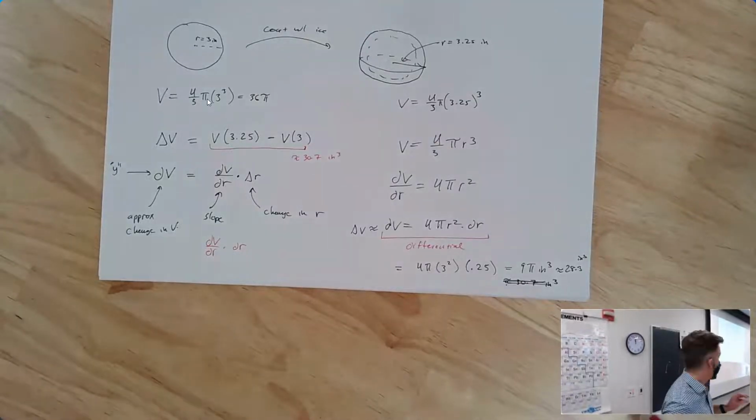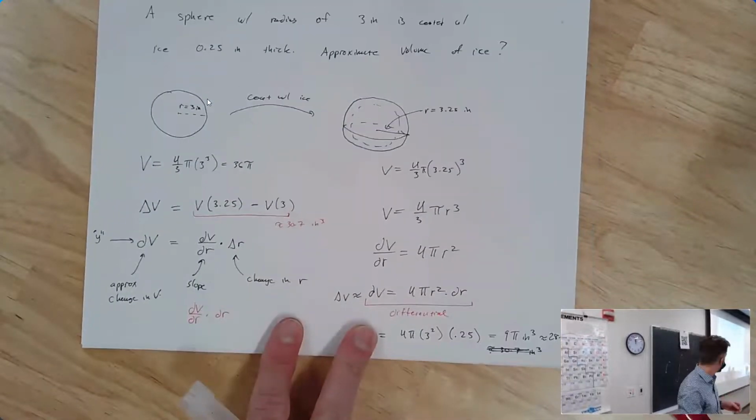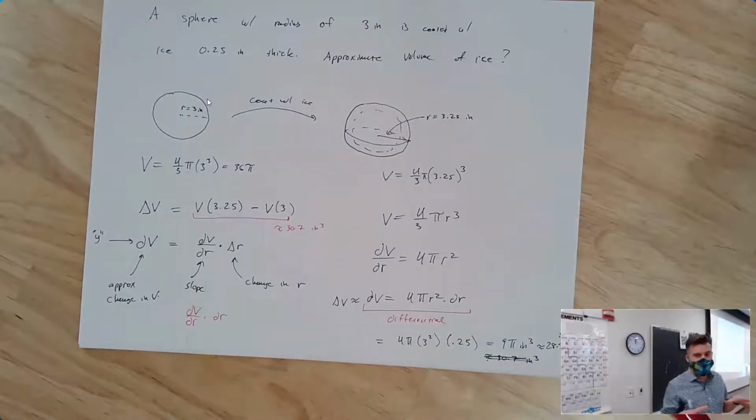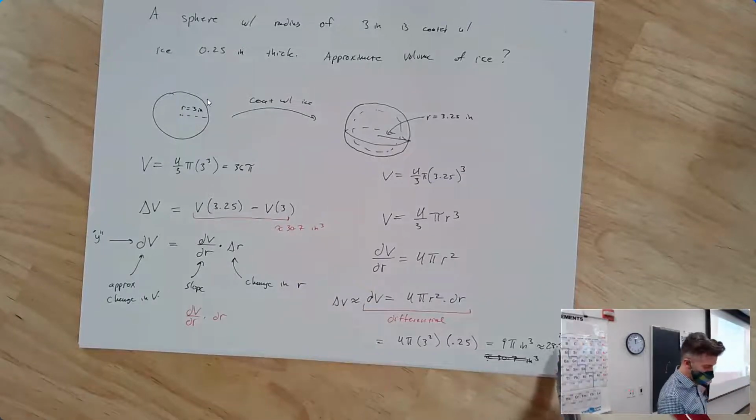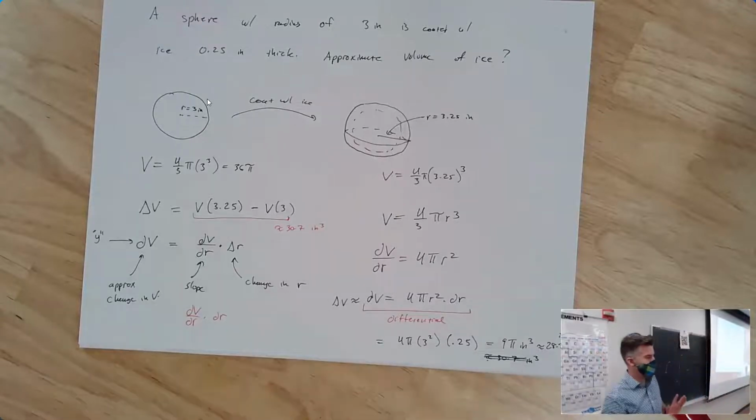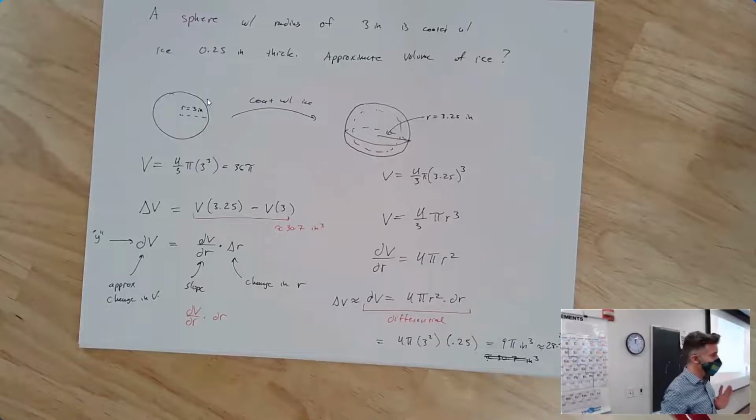So if this sphere has its radius increased by 1/4 of an inch, the volume approximately increases by 28.3 cubic inches.